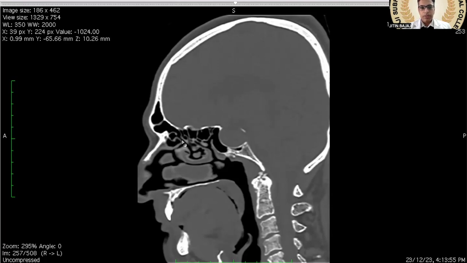The drainage pathway of the frontal sinus is known as the frontal recess, and it is at the posterior boundary of the agger nasi cell. When there is inflammation, or when we accidentally damage these cells while working in this area and cause blockage of the frontal recess, that can cause mucocele of the frontal sinuses.